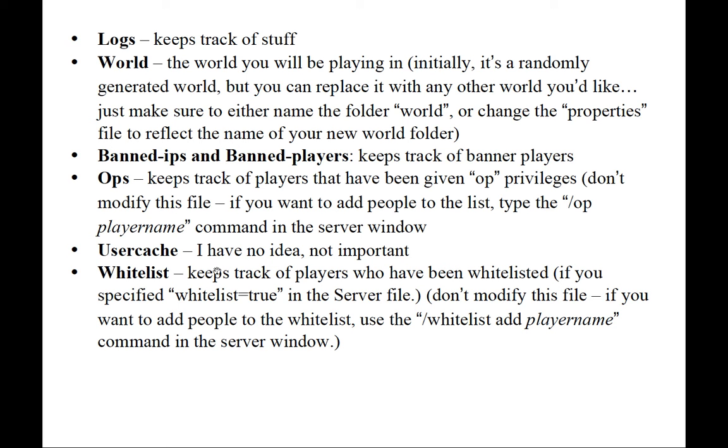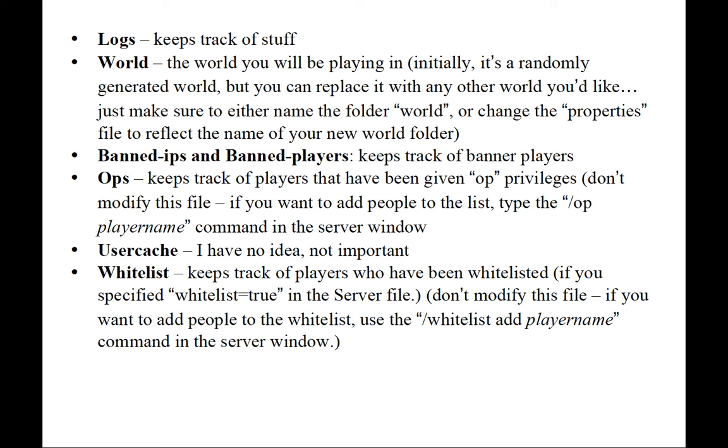A whitelist is basically a list of players that you've allowed on your server. Initially, when a server opens up, there's no whitelist. Anybody that has your IP address can log on and play on your server. So if you want a little bit of privacy, if you want to be able to limit who can get on there, I would suggest using a whitelist.